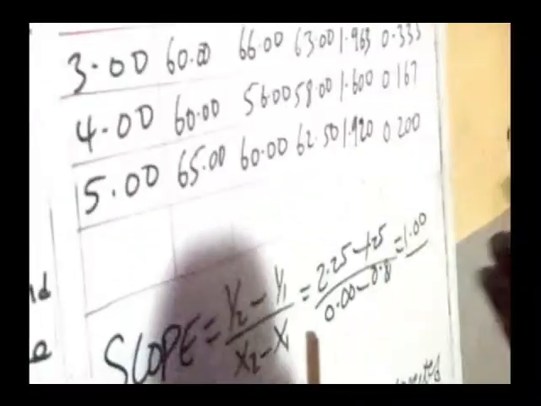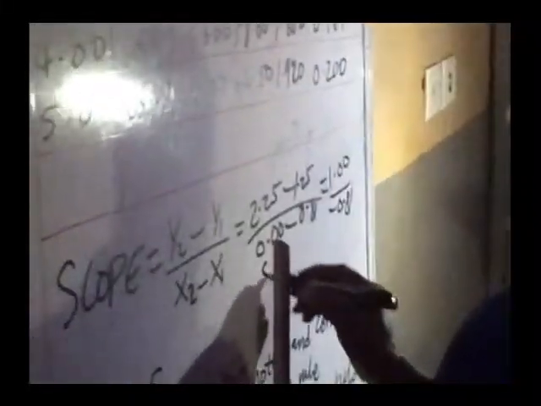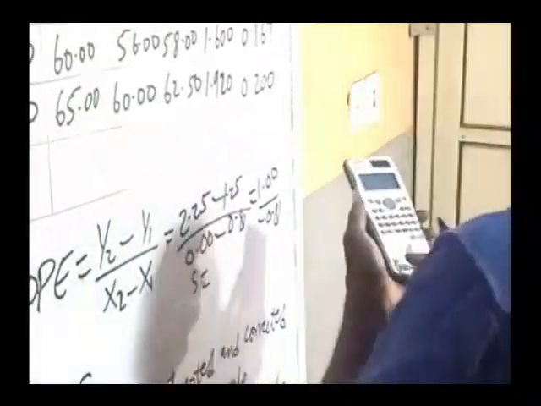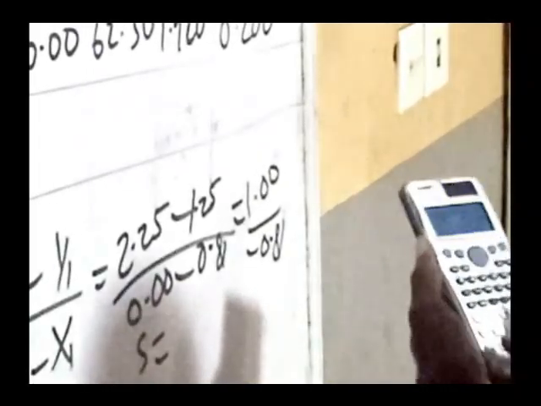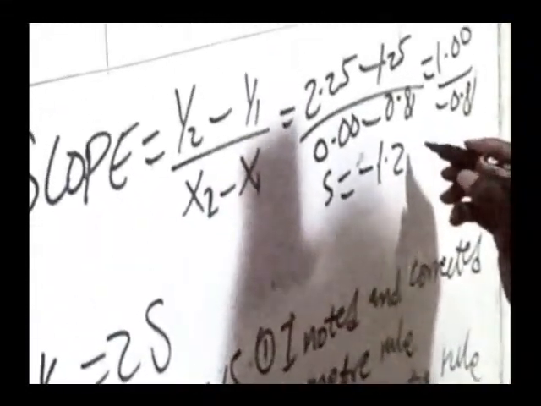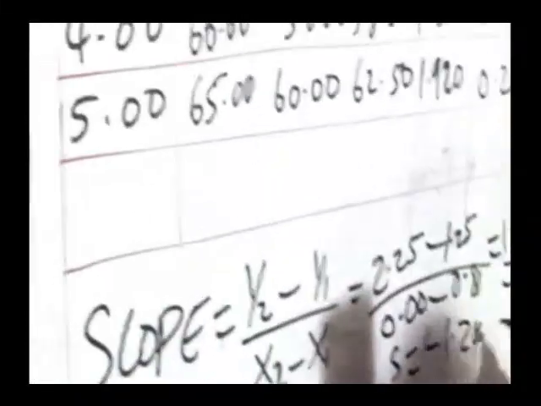So this one will now give us 1.00 divided by minus 0.81. So our slope is 1 divided by 0.81, which is 1.234.